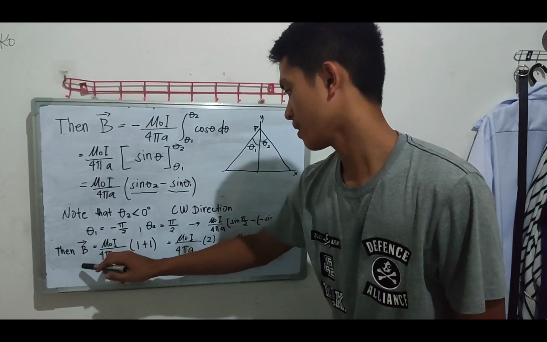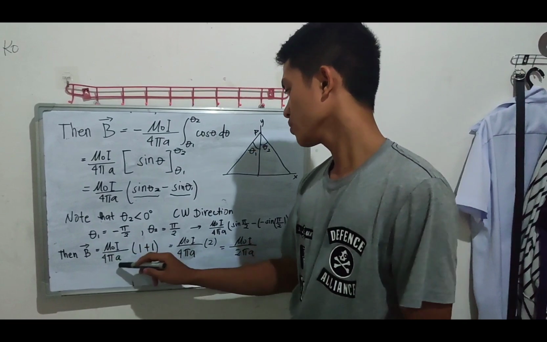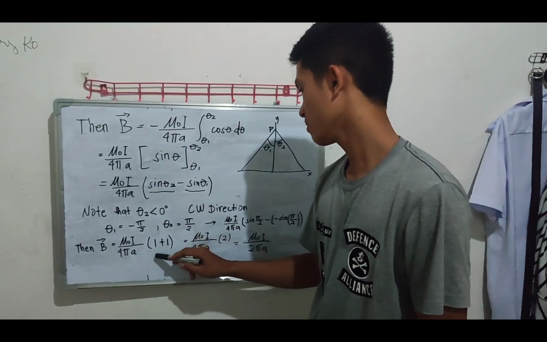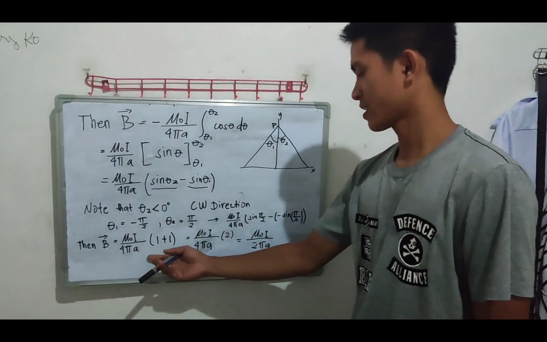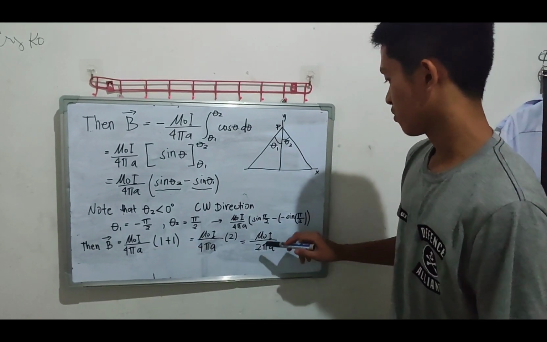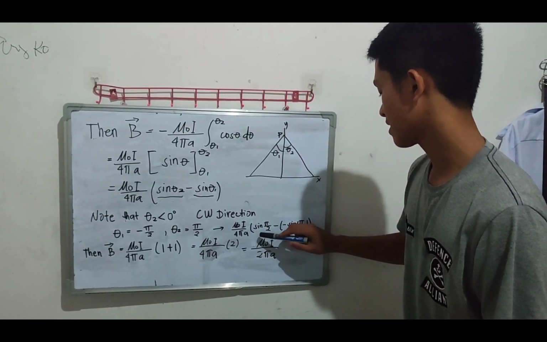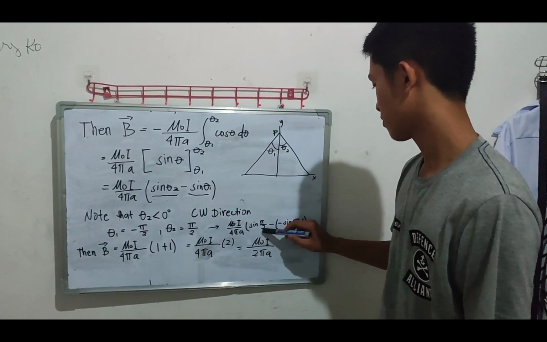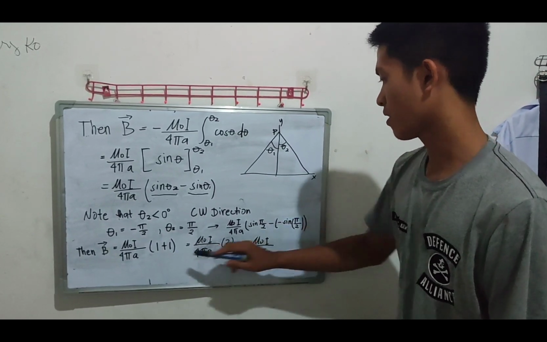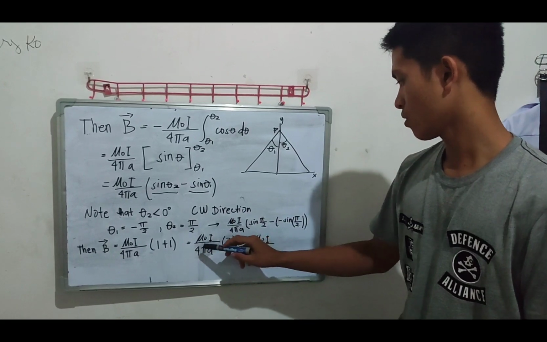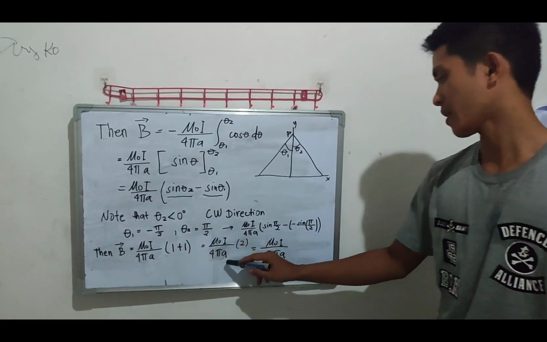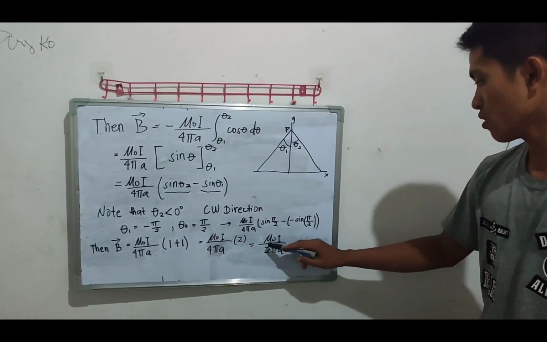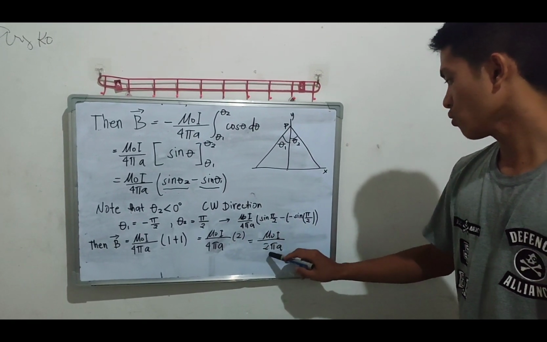Then the magnetic field is equal to mu sub 0 I over 4 pi a times 1 plus 1. So the value of sine pi over 2 is 1, and this is the other 1. So it is equal to mu sub 0 I over 4 pi a times 2, which is mu sub 0 I over 2 pi a.